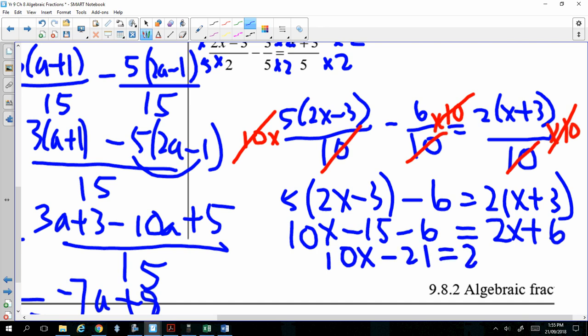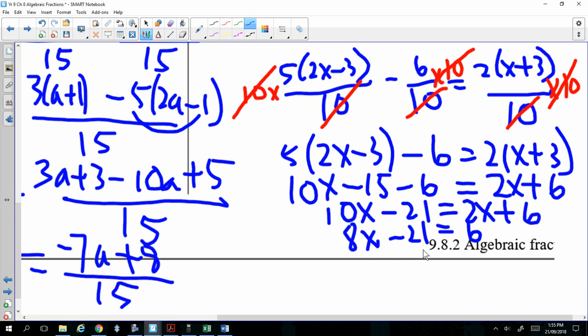Then what we do is subtract 2x from both sides, you get 8x. Then add 21 to both sides, then divide both sides by 8.